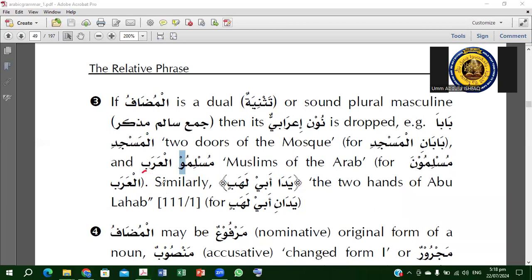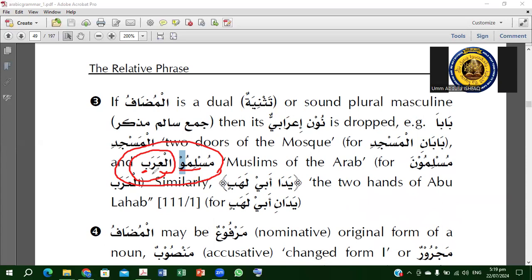So whenever you see a noun in halat jar, and there is another noun before it, you will understand that this is mudaf ilayhi, because this halat jar is always mudaf ilayhi. I'll tell you, any noun can be in halat jar only for two reasons. You can write it in bold.